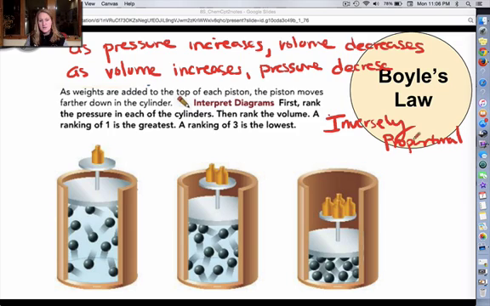Okay, it's inversely proportional. So if we look at a graph, and pressure is here and volume is here, what you would see is an inverse proportion. You would see that as one is going up, the other one is coming down. Okay, so that's kind of the way that you want to look at it.